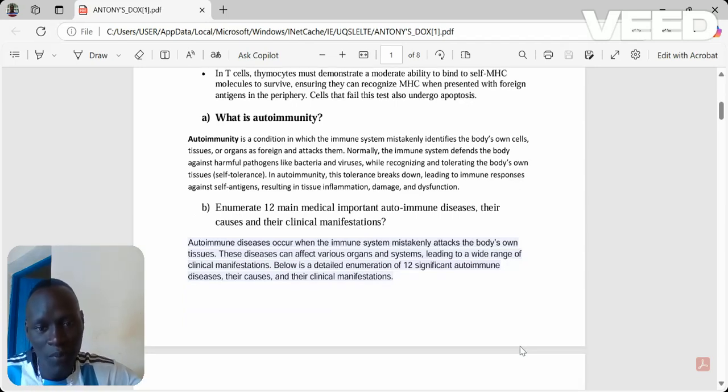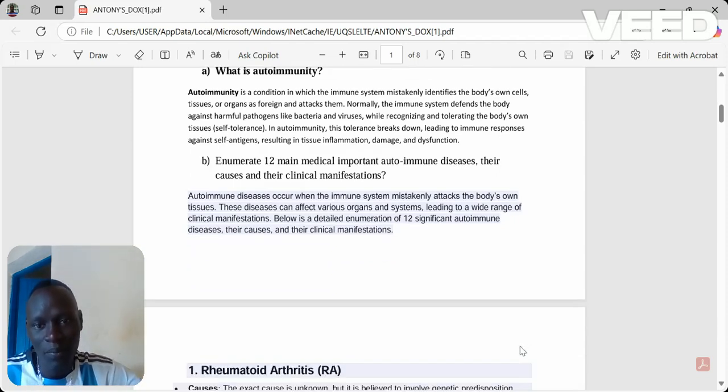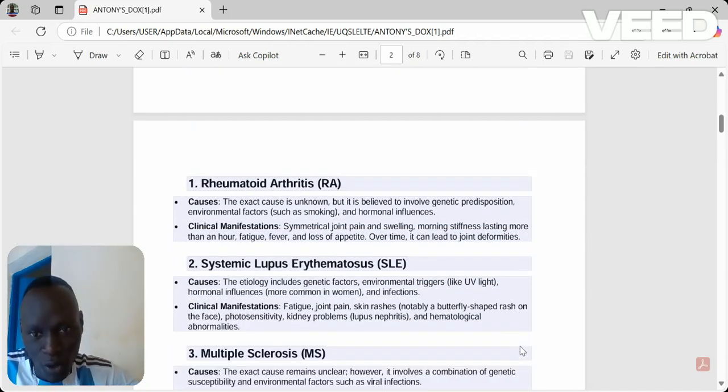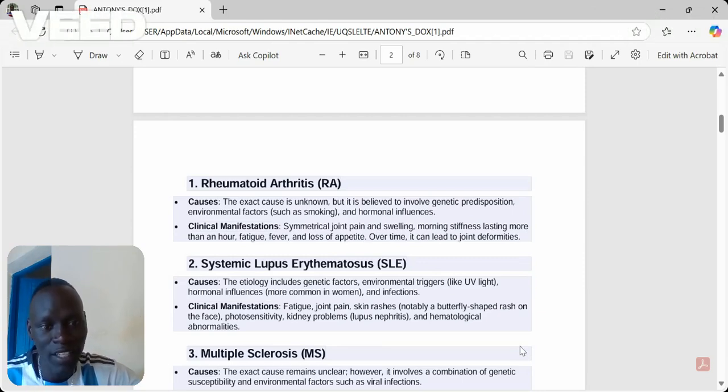Enumerate 12 main medically important autoimmune diseases, their causes, and their clinical manifestations. Let me first go with rheumatoid arthritis. The cause is unknown, but it is believed to involve genetic predisposition, environmental factors such as smoking, and hormonal influence.